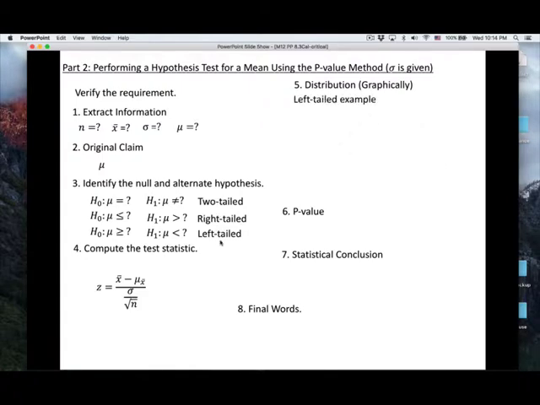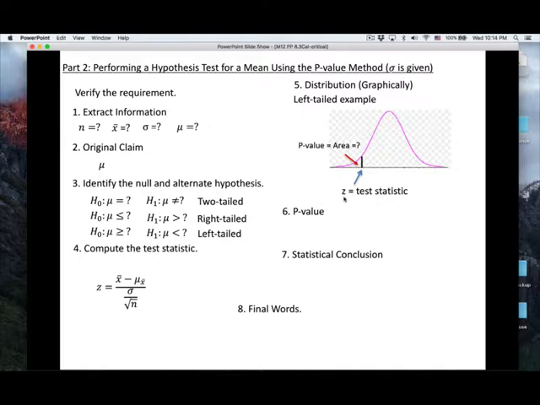Okay, p-value method. So let's say we have the left tail example. Then this point here, that will be your test statistic. Use the test statistic to find the area from the left, which is going to be your p-value.